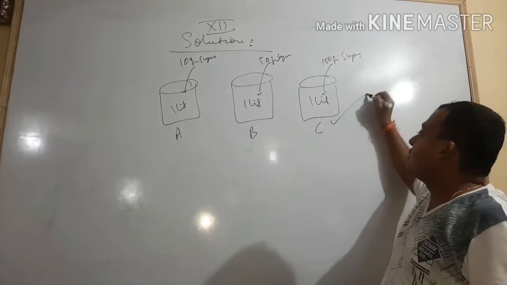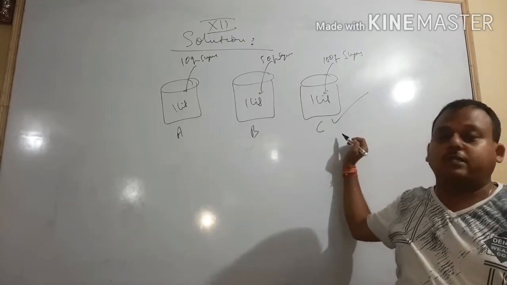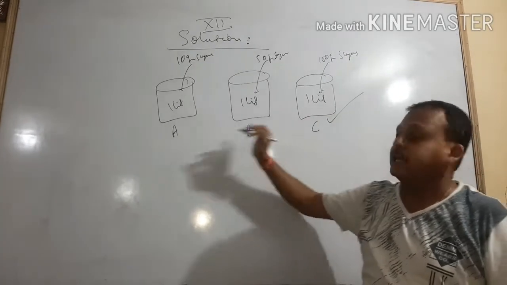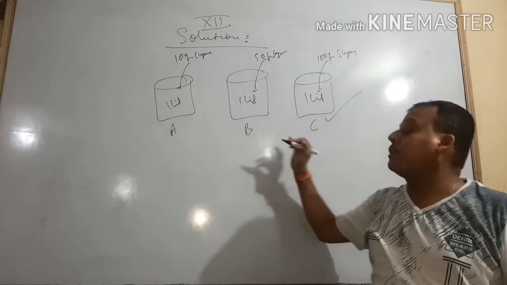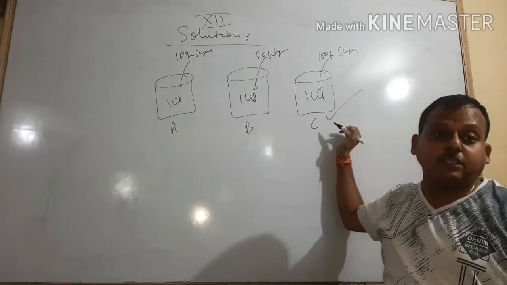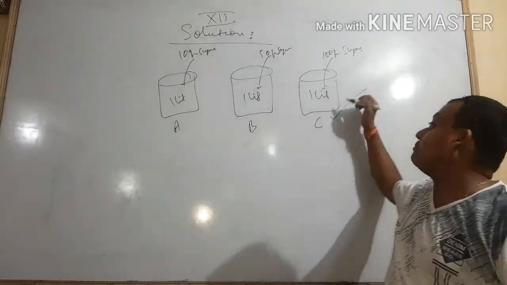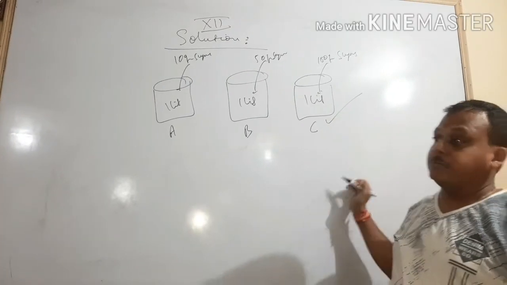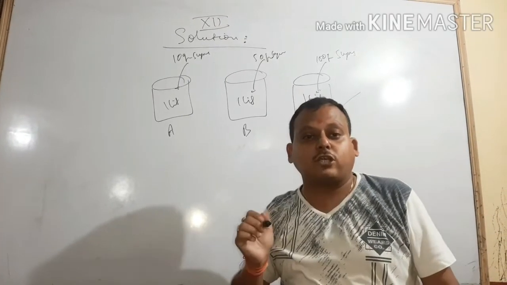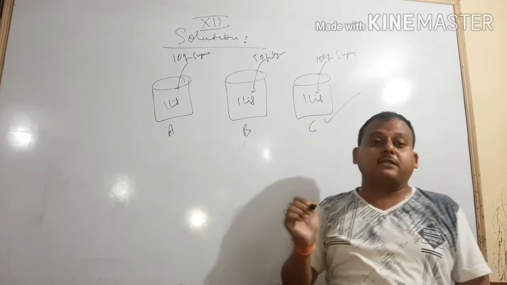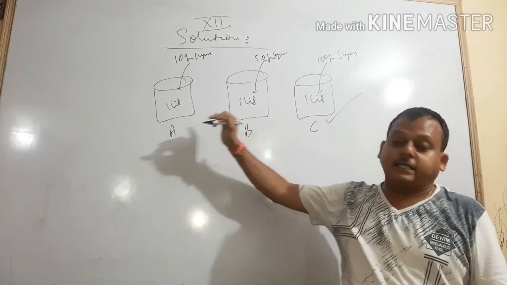Beaker C has a sweeter taste than B and A because the amount of sugar is greater in beaker C. It means the strength of the solution of beaker C is higher than B as well as A.